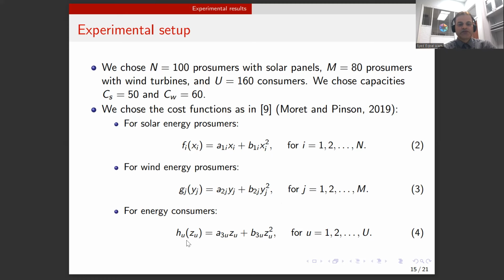For energy consumers, we choose hu zu equal to a3u zu plus b3u zu square, where u goes from 1 to u. Here notice that to create different cost functions, we use a1i, b1i, a2j, b2j, a3u, b3u, which are random variables. And in our experiment, we choose uniformly distributed random variables.